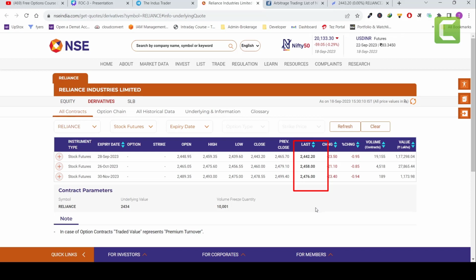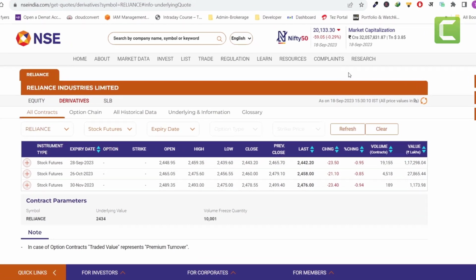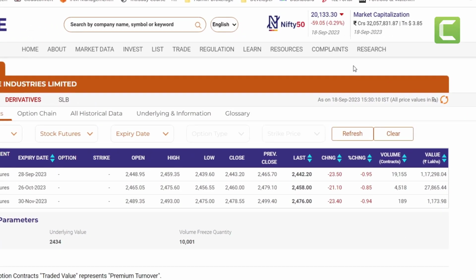That means you are giving the charges for exiting the present contract and buying the next contract. You are giving the taxes or charges. It's called rollover charges. And if you are going for the next contract, you sell at 2442 and again buy at a higher price, 2458, 16 rupees higher.